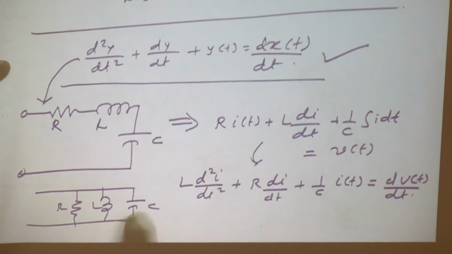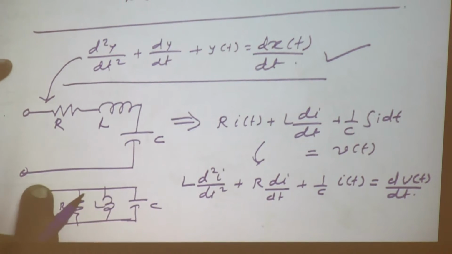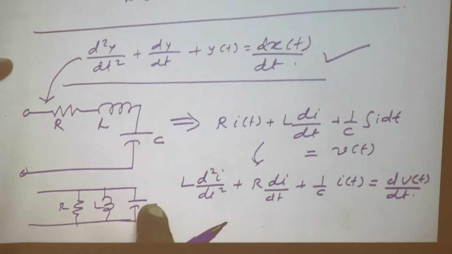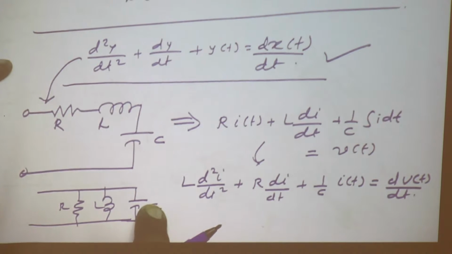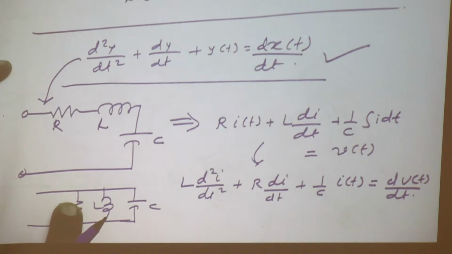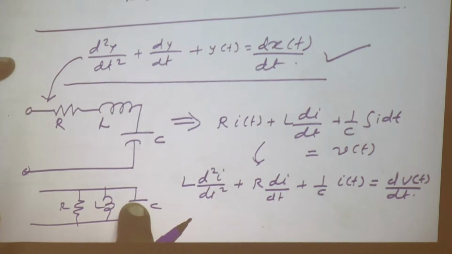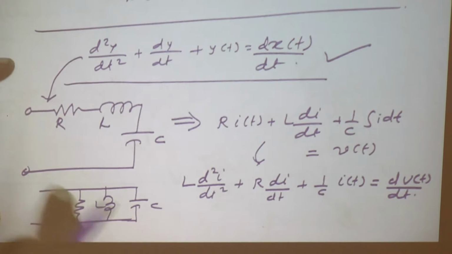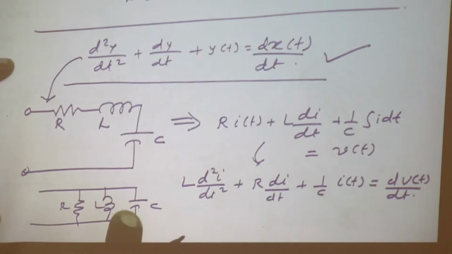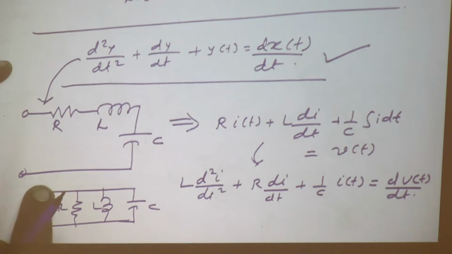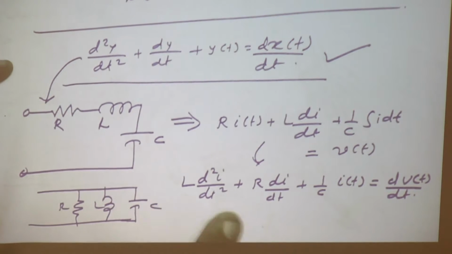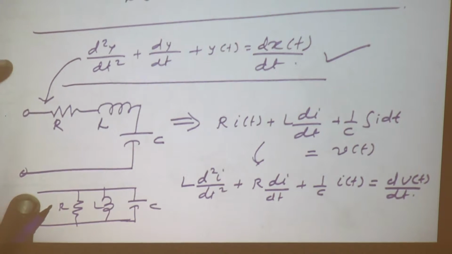Is it right? I will be equal to I1 plus I2 plus I3. So this is V by R, this is 1 over L integral V dt, and this is C dV by dt. So all this summation will be equal to i(t). So there V would have been input and I would have been output, or the other way around, I would have been input and V would have been output.